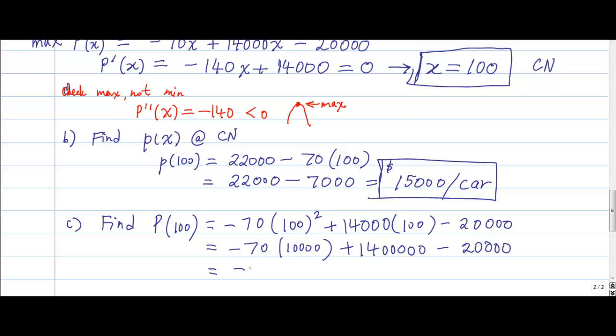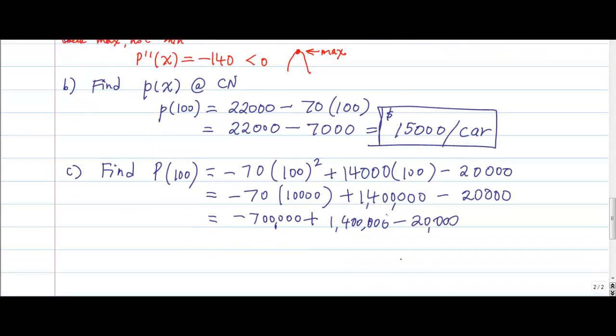So then this gives you minus 700,000 plus 14, or this is 1.4 million, minus 20,000. So 1.4 million minus 700,000 is 700,000, minus 20,000 is 680,000.